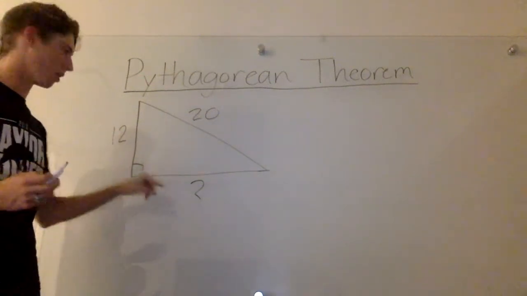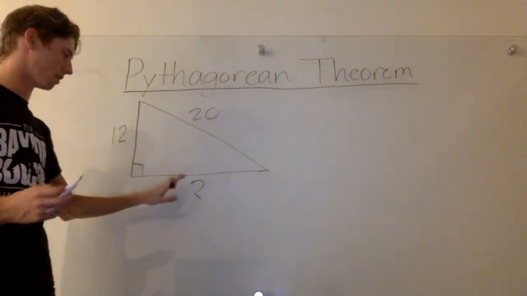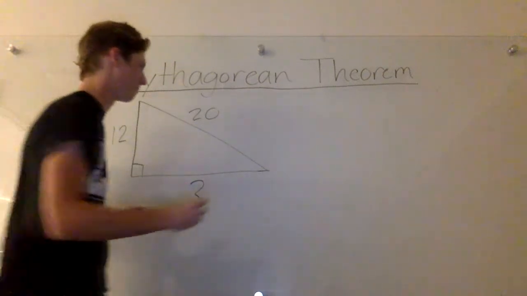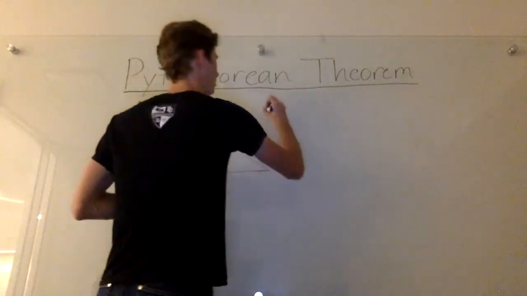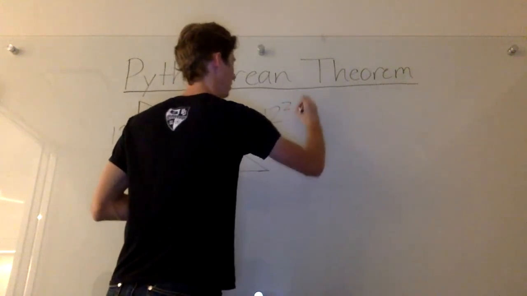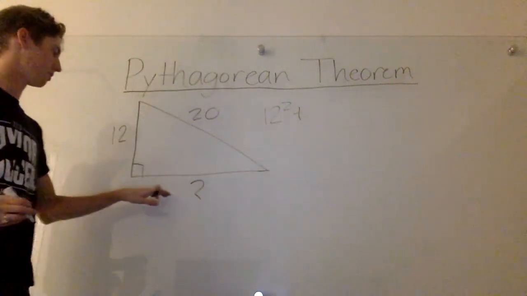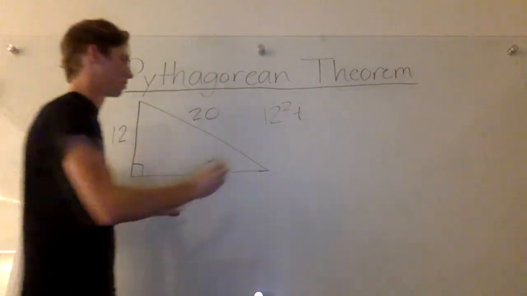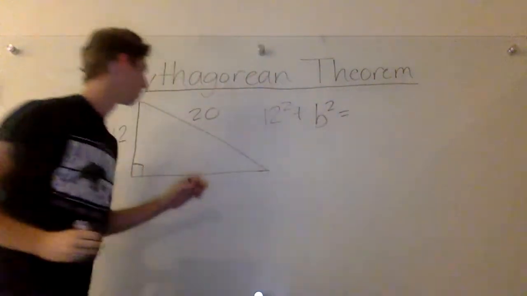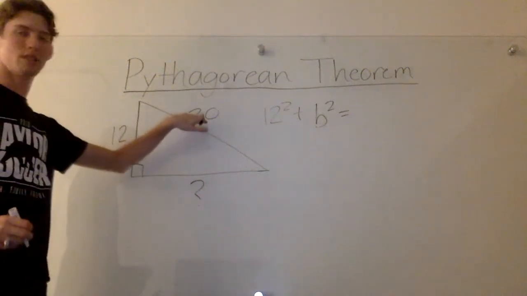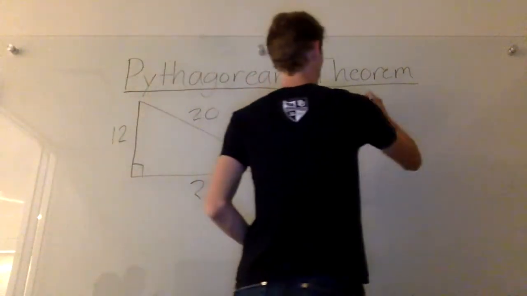It doesn't really matter what we call it, but let's just call it b since that's what we've been putting on the bottom. So if we're going to model this, a is going to be our 12, so 12 squared plus, we don't know what b is, so let's put b squared. And then we know what c is this time, so we're going to put 20 squared over here.